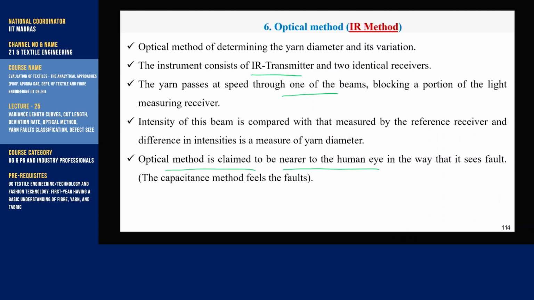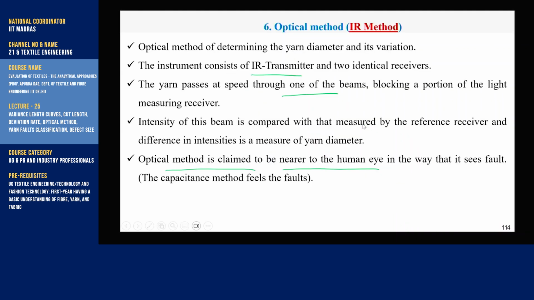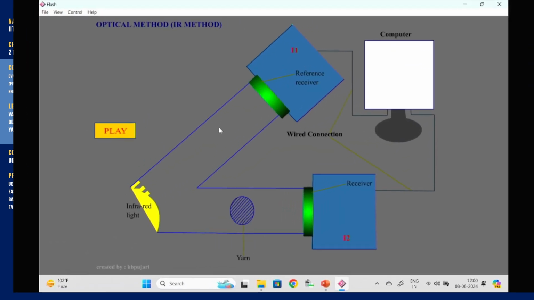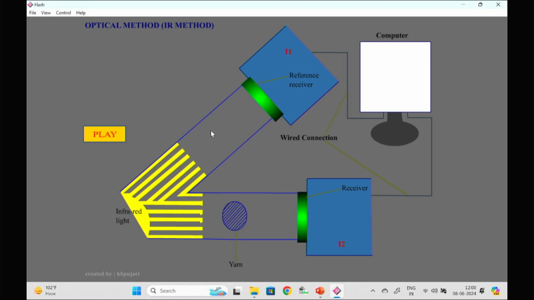Now you can see the principle here. This is the light source. Two equal IR beams are projected. One is the reference beam, another is through the yarn.